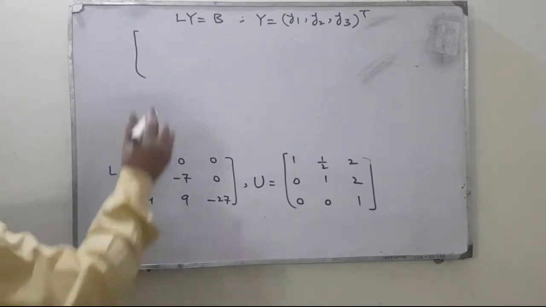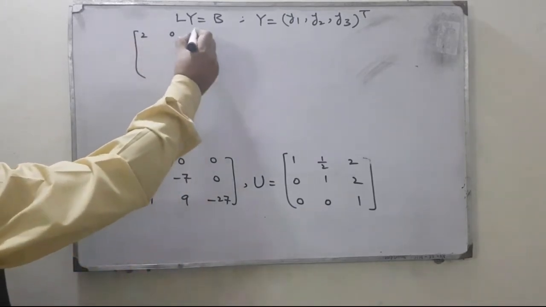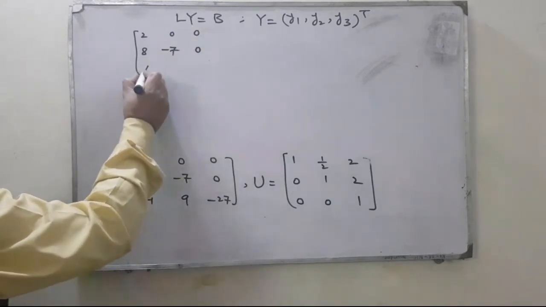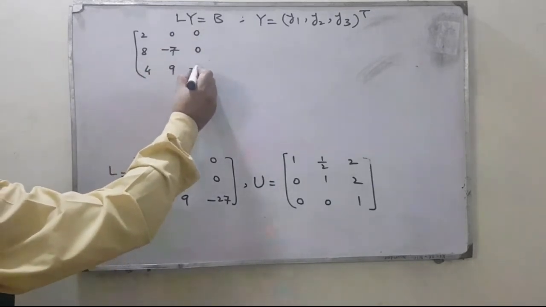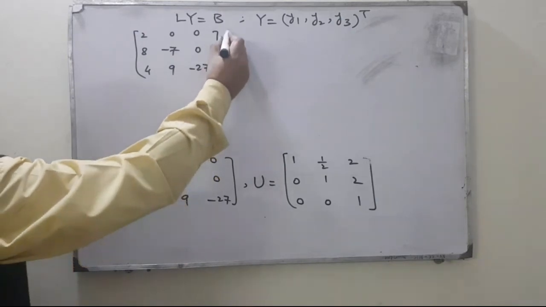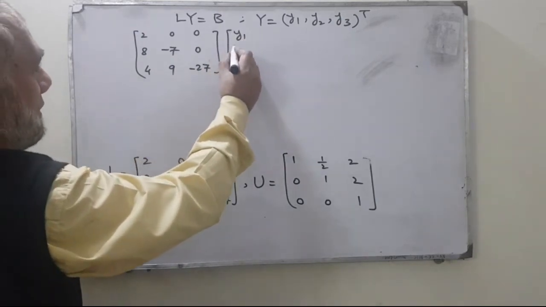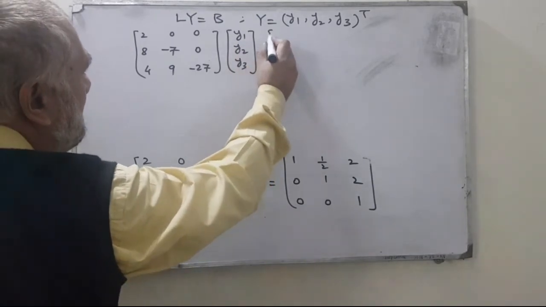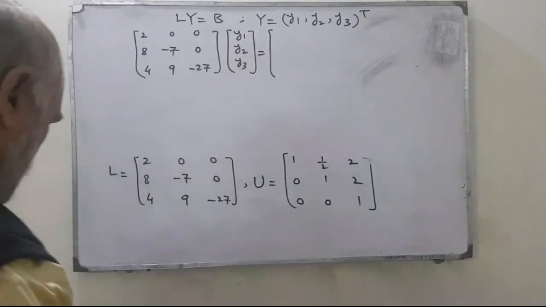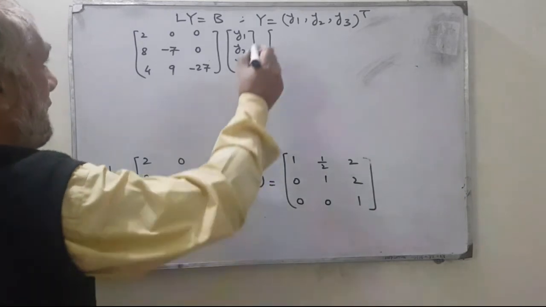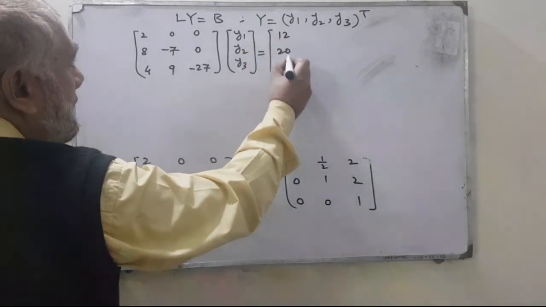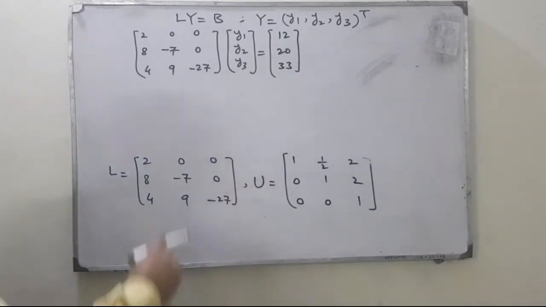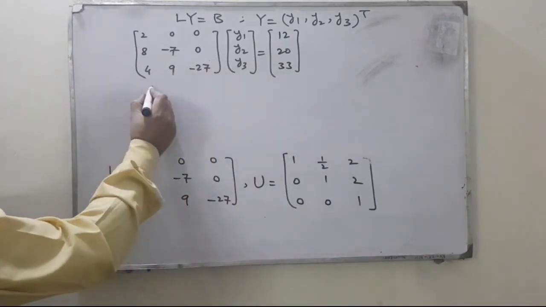So here we have L, which is 2, 0, 0, 8, -7, 0, 4, 9, -27, along with the column vector Y: y1, y2, and y3. And on the right side we have B, and B is 12, 20, and 33. Okay, now we transform back into the equations form.